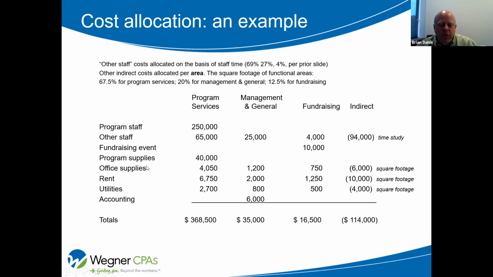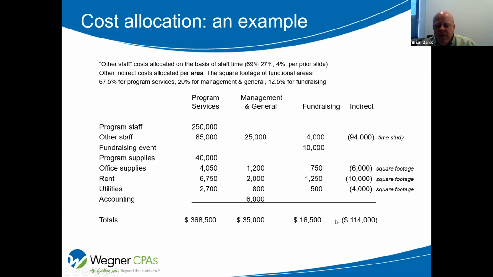But for these other indirect costs, office supplies, rent, and utilities, we're going to allocate those based on the relative square footage of the facilities that are utilized for program services, management in general, and fundraising. In this case, we determined that about 67.5% of our space is used for program services, 20% for management in general, and 12.5% for fundraising. And so that's how we're allocating these particular indirect costs into these functional categories.